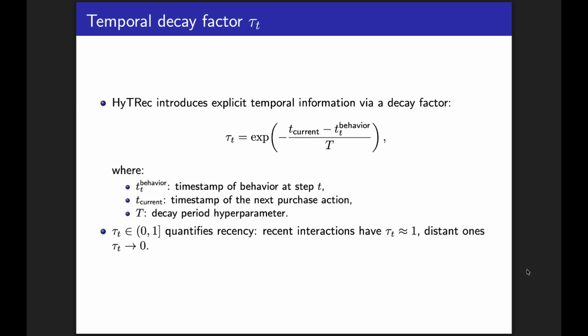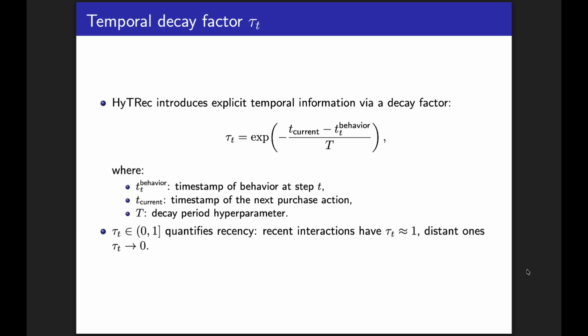All right. Having said that, if you remember, before I said that one of the design goals of HyTRec was to introduce temporal information in some way, in the linear attention implementation.